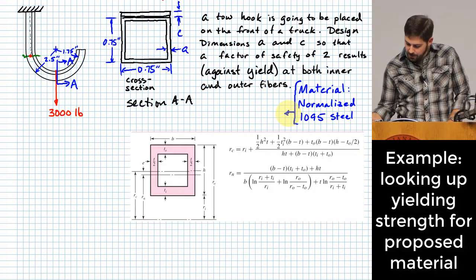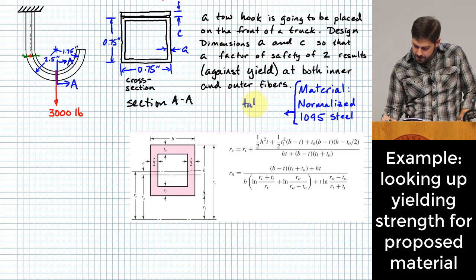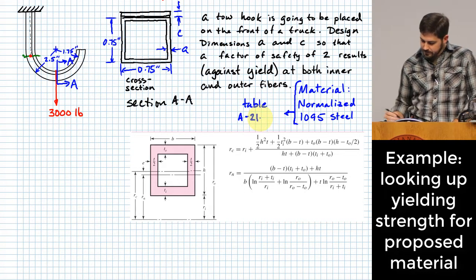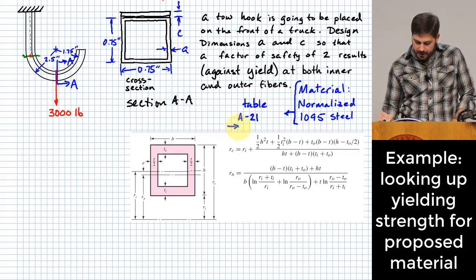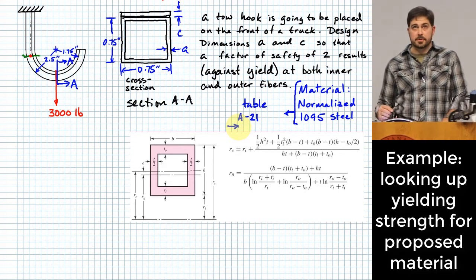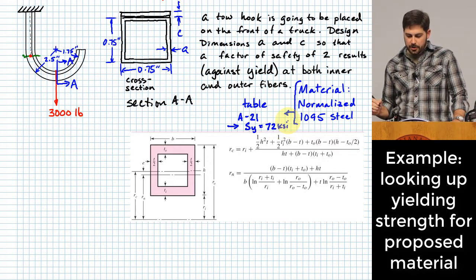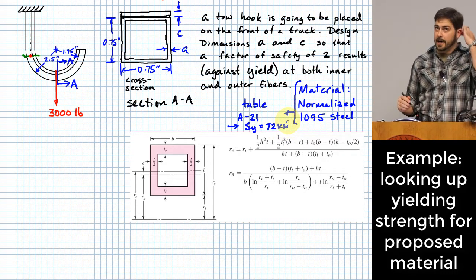If you look in table A21, rather than take a bunch of time with that right now, table A21 is where you find this material. And what matters to us is the yielding strength, which we can look up as 72 KSI.